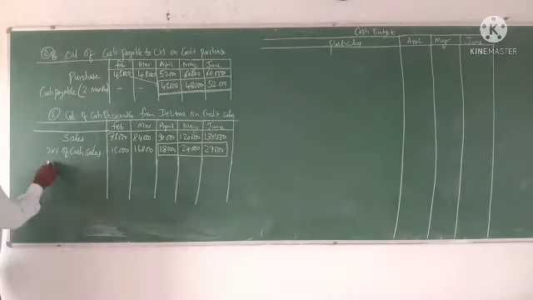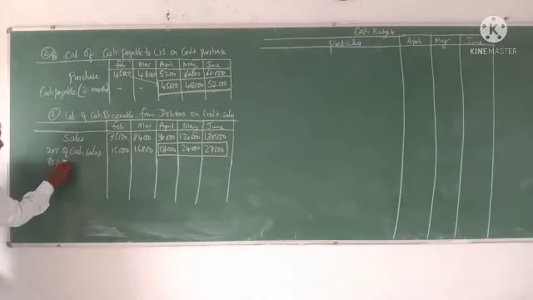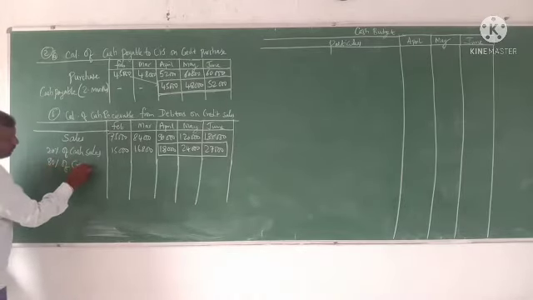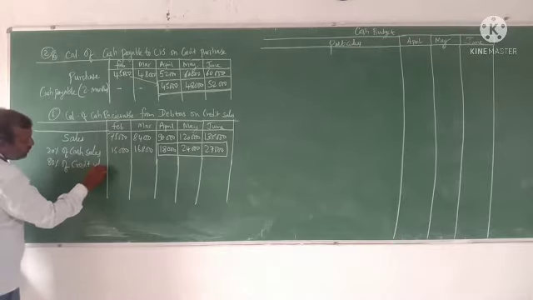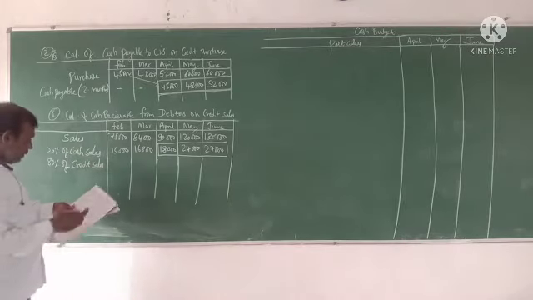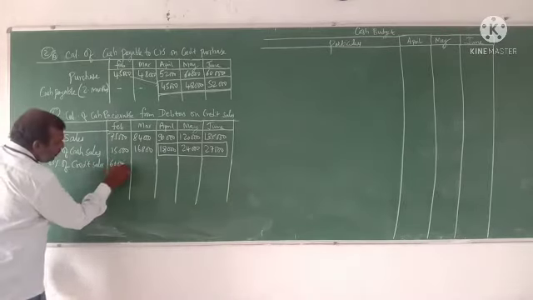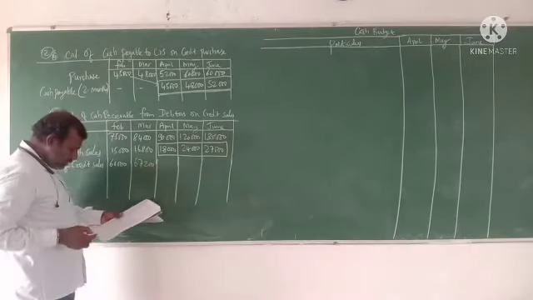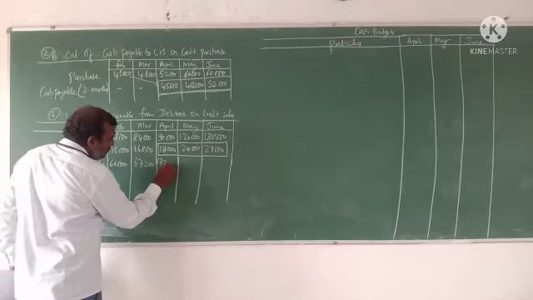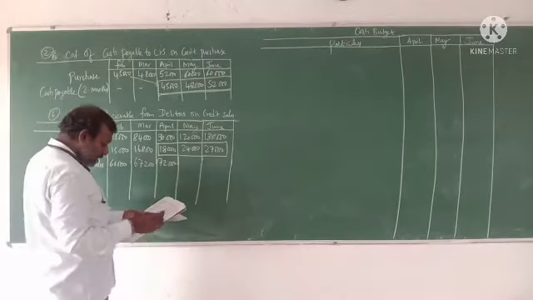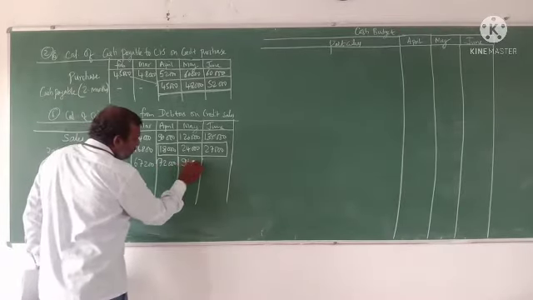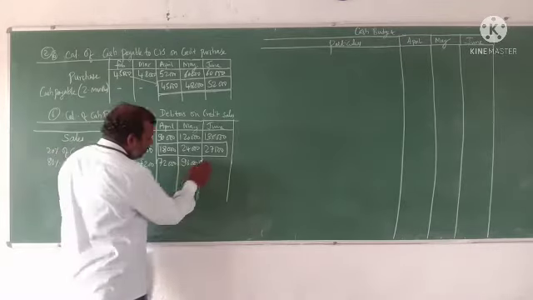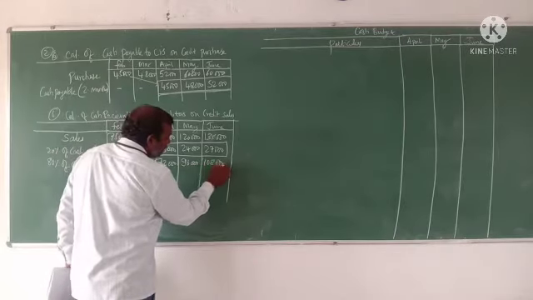Okay. When it comes to the 80% of credit sales, 60,000, 67,200, 72,000, 96,000, 1,08,000. Okay.